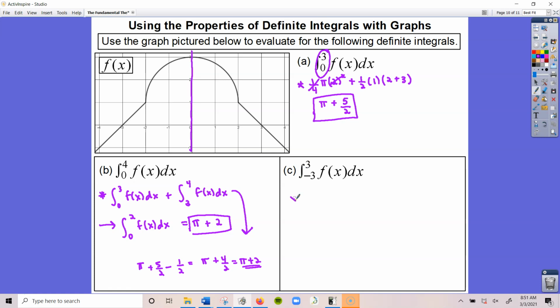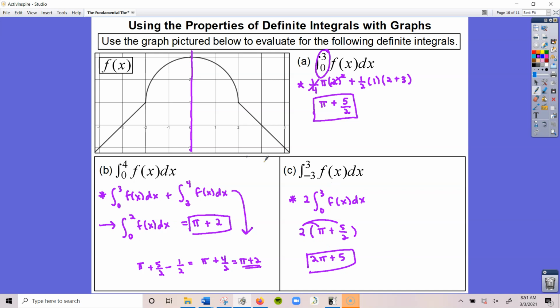So we can restate this as 2 times the integral from 0 to 3 of f of x dx, which I already found. So this is 2 times pi plus 5 over 2. If you distribute the 2, you get 2 pi plus 5, and that would be the value of that integral.